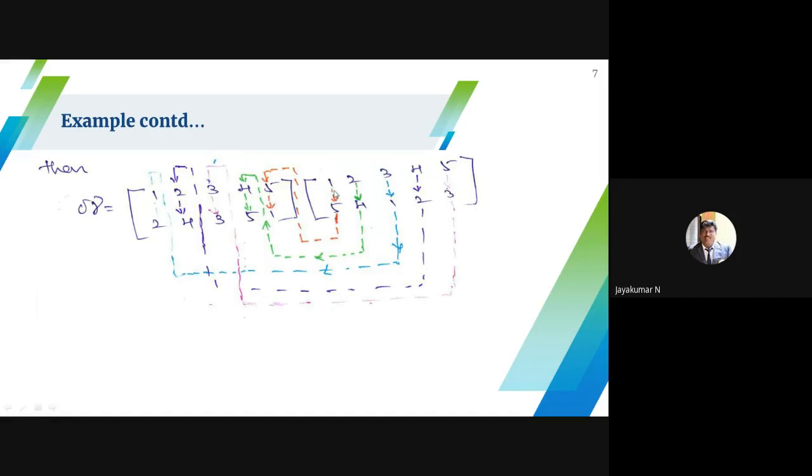So finally 1 maps onto 1. Similarly, the image of 2 in gamma is 4, and the image of 4 in sigma is 5. So 2 maps onto 5. Similarly, the image of 3 in gamma is 1, and the image of 1 in sigma is 2. So finally 3 maps onto 2.